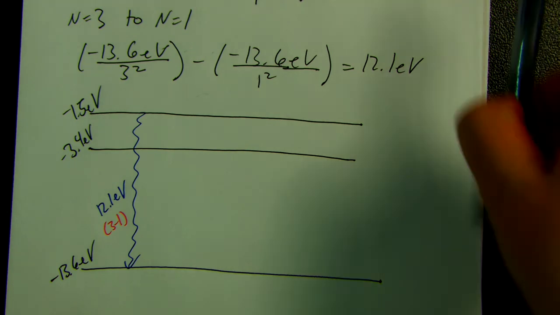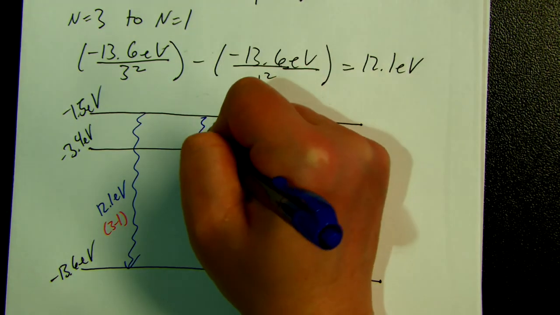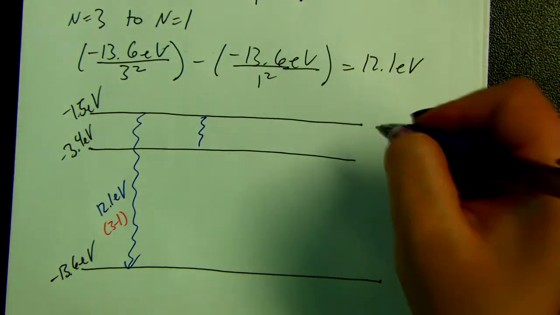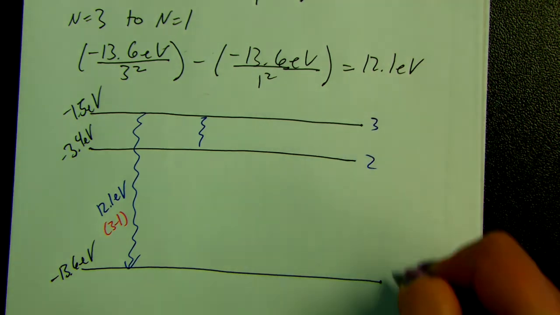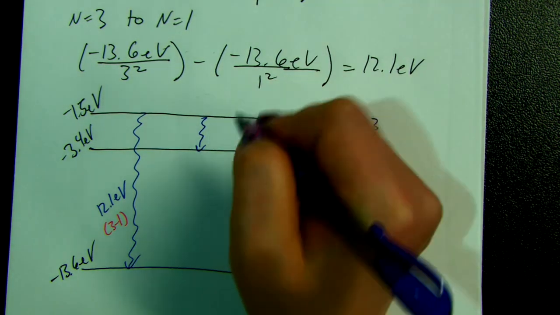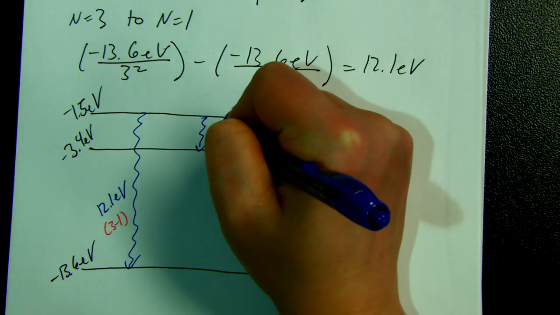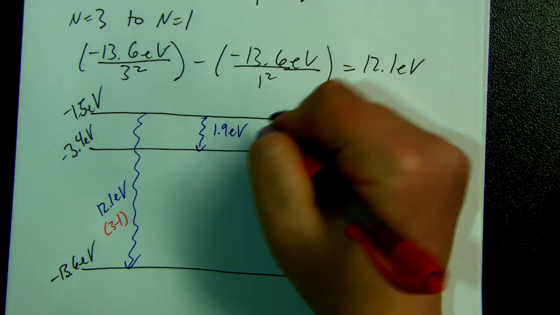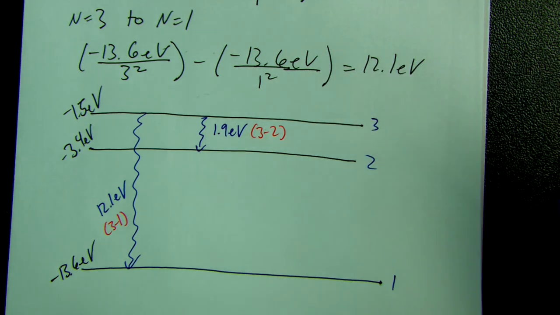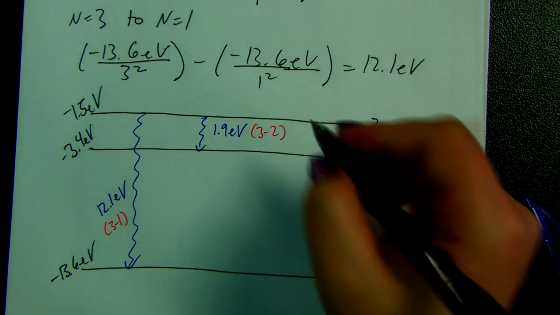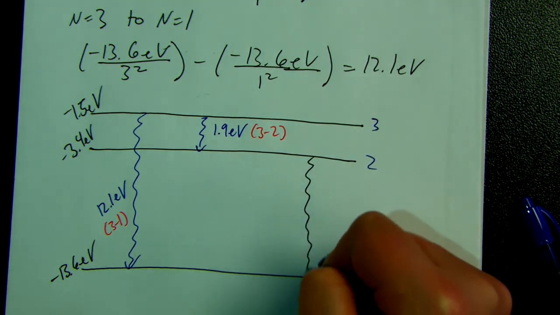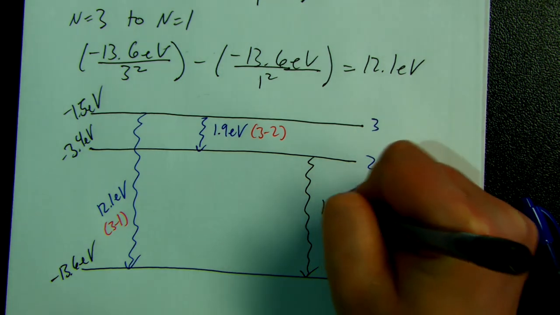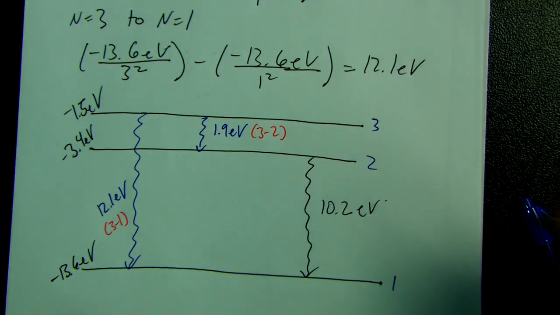You could also go via 3 to 2. So that would be that 1.9 EV. And then we have our 2 to 1, which is the 10.2 EV.